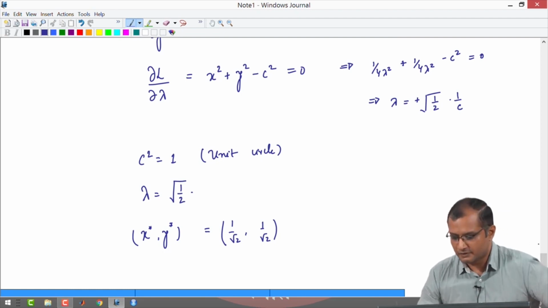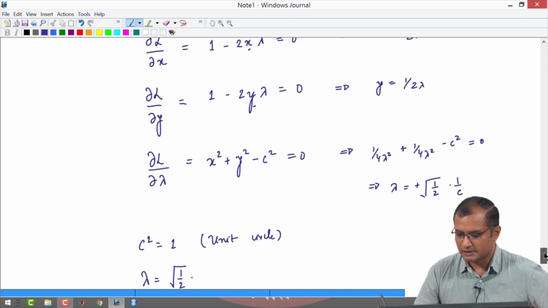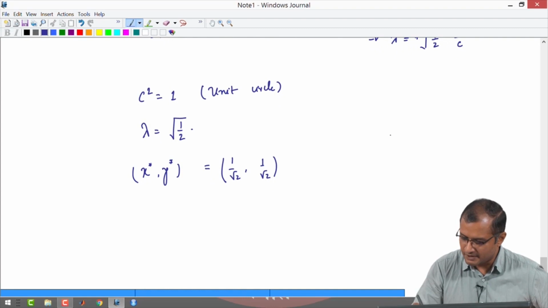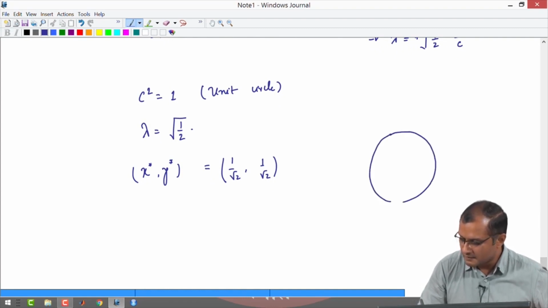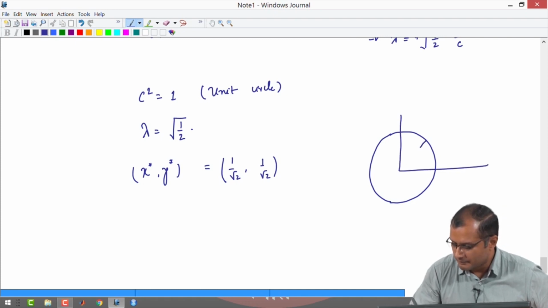If you put the values of lambda as 1 upon square root 2, you get these values. So, basically on a unit circle you would have maximized x plus y here at pi by 4.